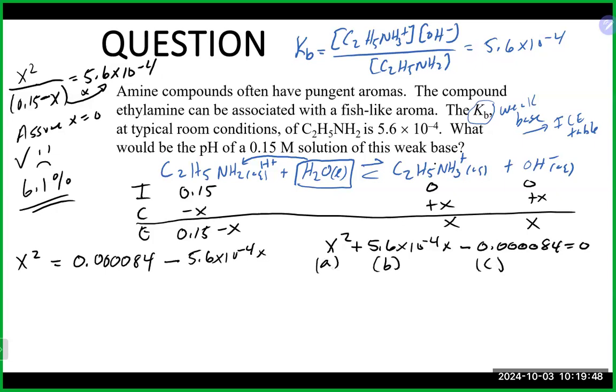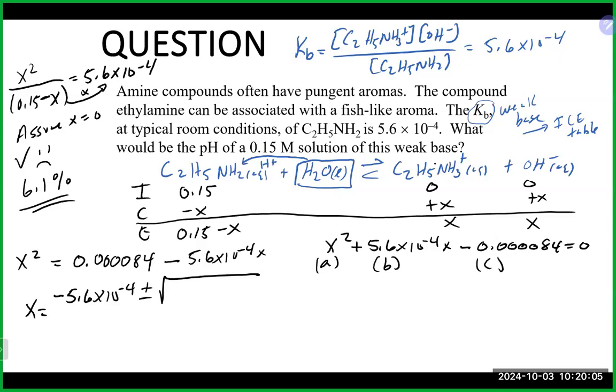So we're going to go into our quadratic, hope for the best. So let's see. We're going to go x is equal to minus b, so minus 5.6 times 10 to the minus 4, plus or minus the square root of b squared.